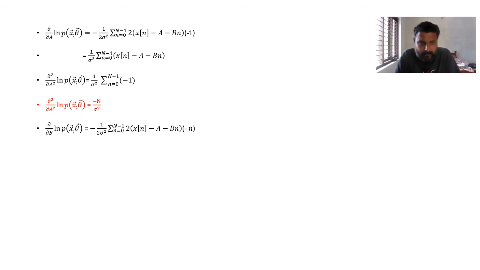So minus n times minus is positive, 2 and 2 get cancelled, ultimately it will be 1 by σ², sum over n equal to 0 to N minus 1, (x[n] minus a minus bn) into n.